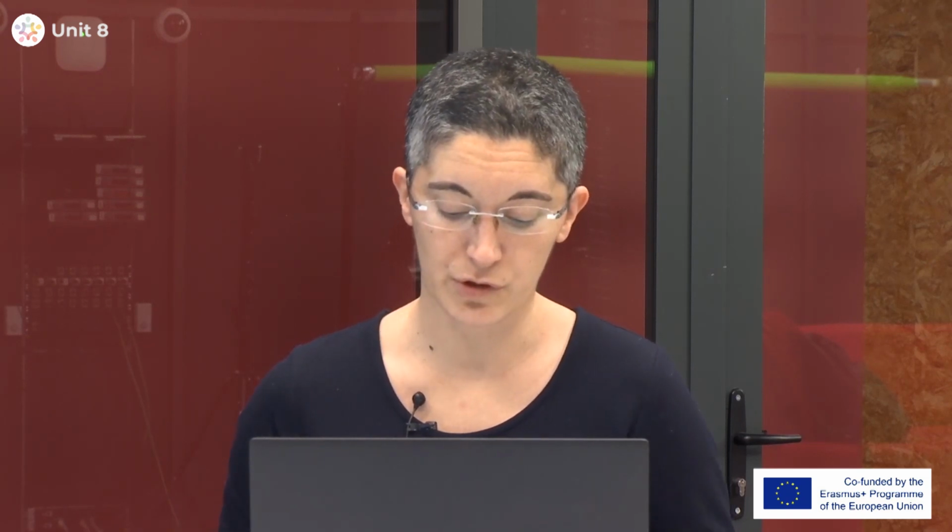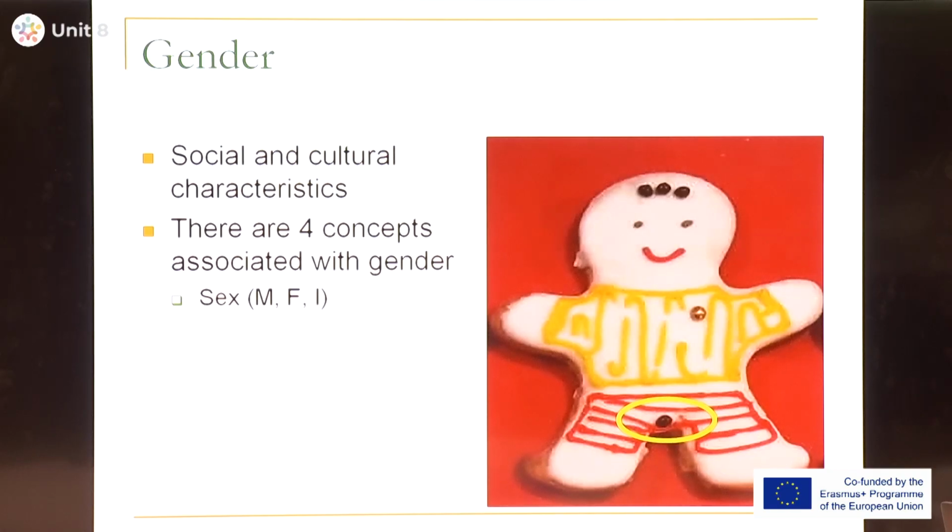I want you to keep in mind that gender is constructed around the dichotomy of two sexes, and so let's move on to that discussion. Gender is related to social and cultural characteristics. There are four concepts associated with gender. Sex: male, female, intersex, I have already told you about.